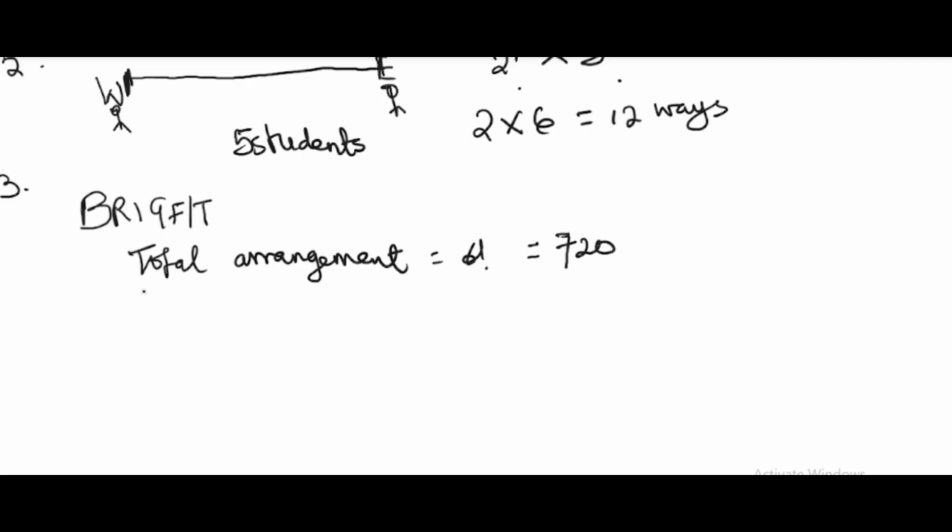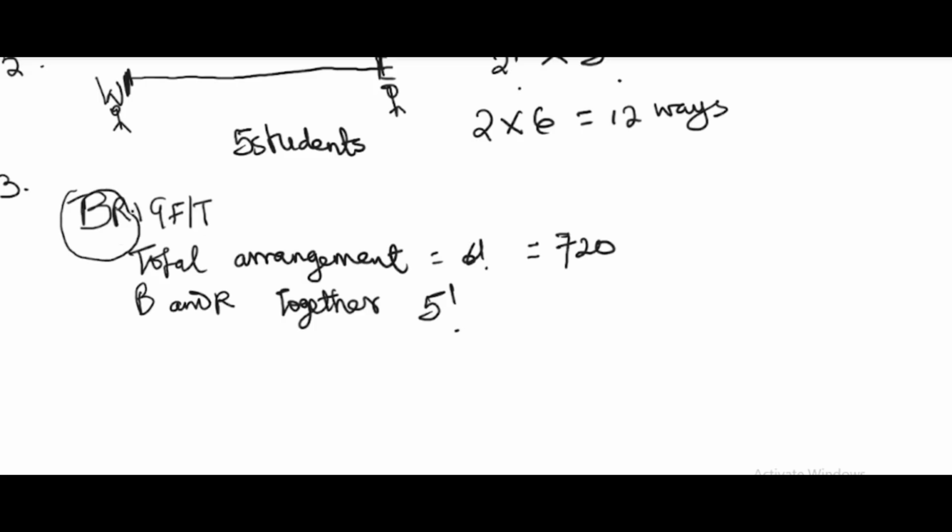Now, if the B and R must be together, that will mean 5 factorial. Why? Because the B and the R will be regarded as 1.